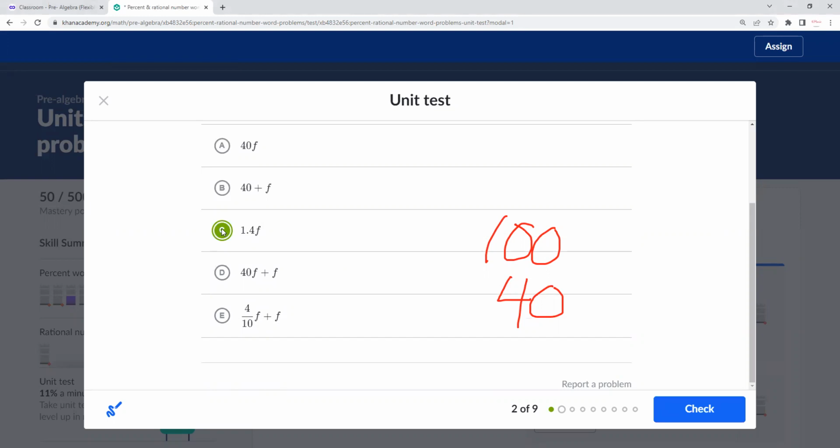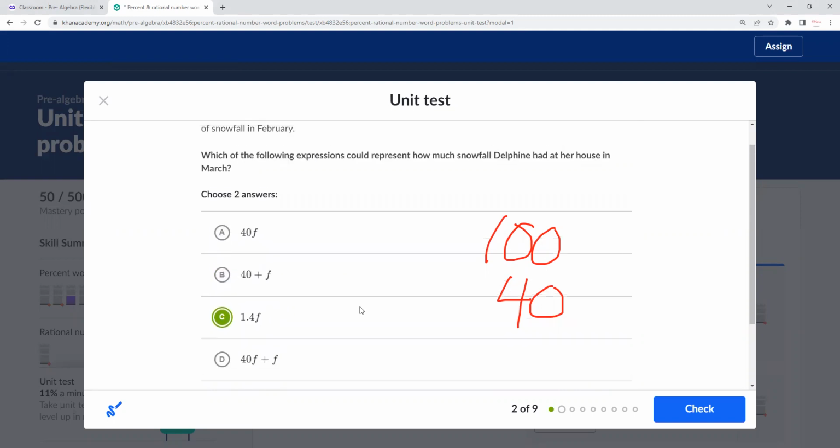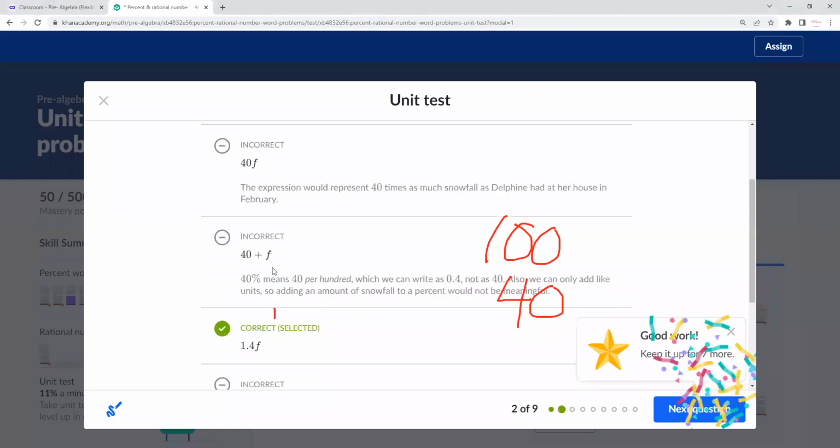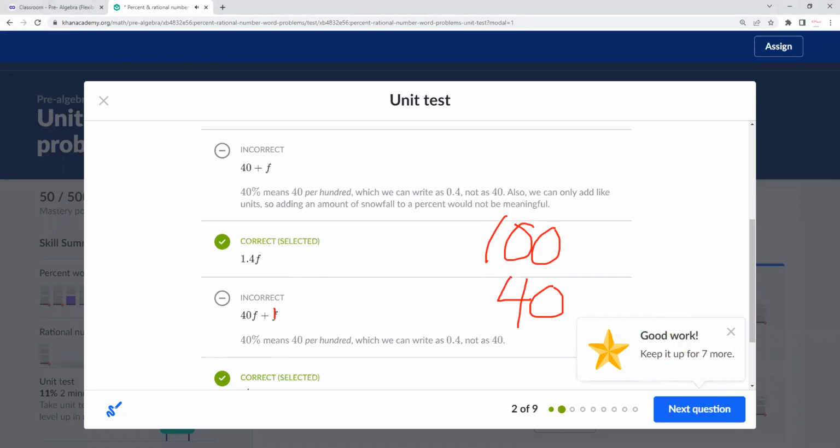And 4/10 would be, so there's going to be two answers for this. 4/10 as a decimal is 0.4. This would get you a 1F, so then that would get you a 1.4F. So that one would also work as well. So it would be these two.